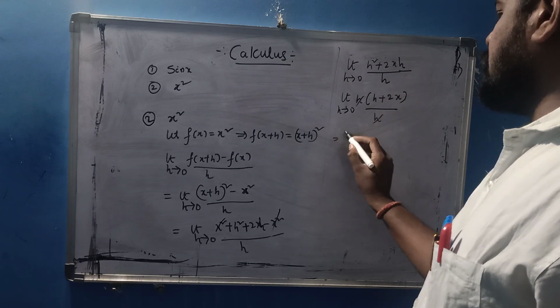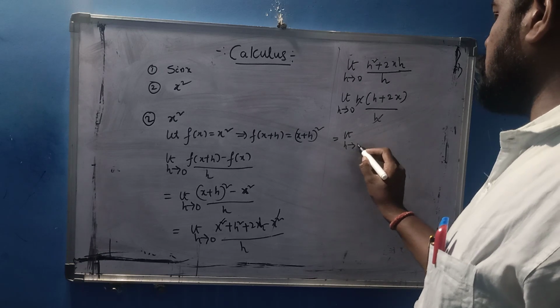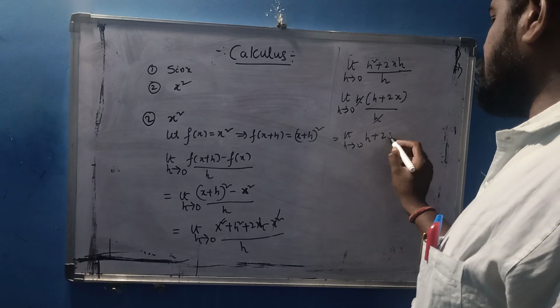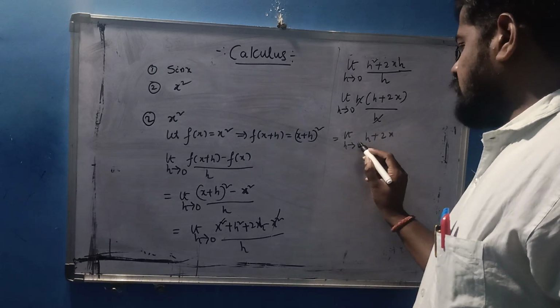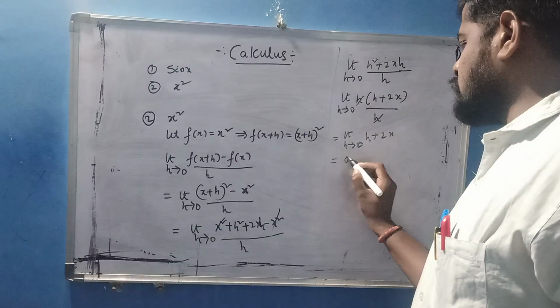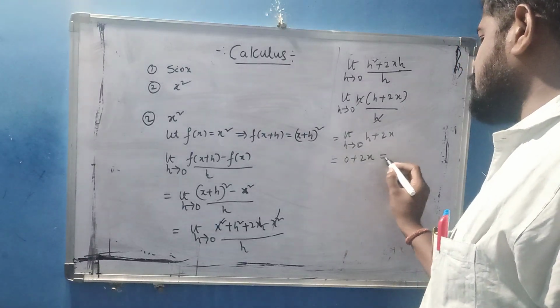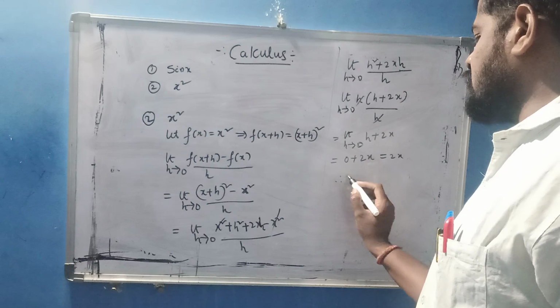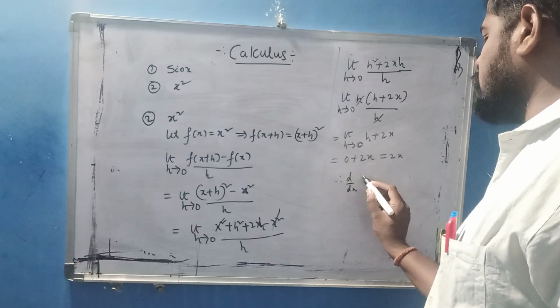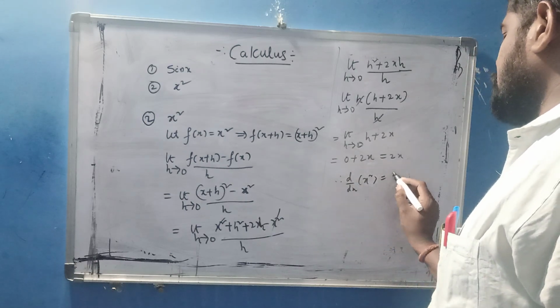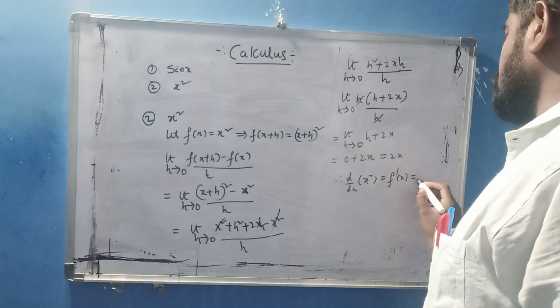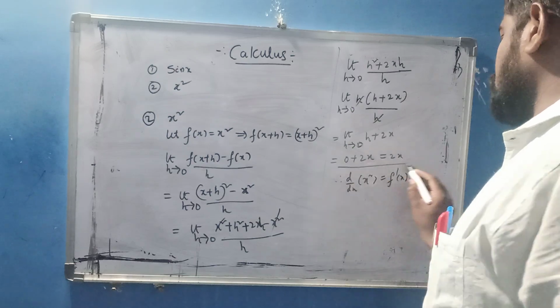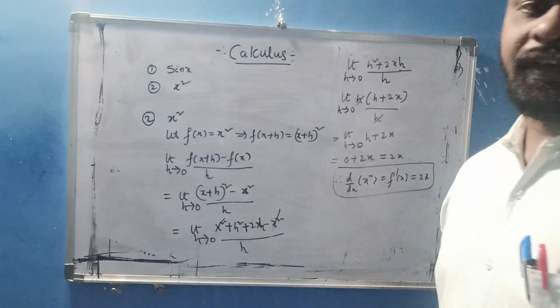H cancels. Limit h tends to 0 of h plus 2x. Replace h with 0: 0 plus 2x. That answer is 2x. Therefore d by dx of x square, that is f dash of x, equals 2x. The derivative of x square is 2x.